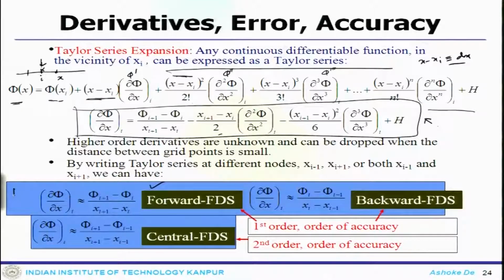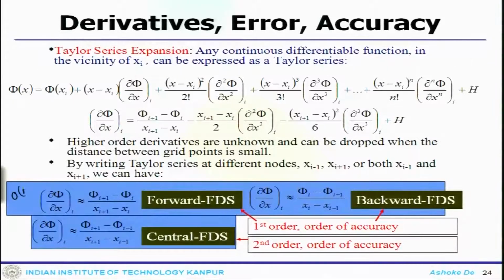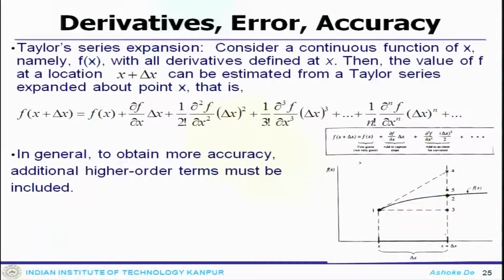So forward difference would be of order delta x, backward difference is also first order accurate, so it would also be delta x, and central would be of order delta x square. So the highest order term which is retained in the truncated system leads to the order of accuracy.